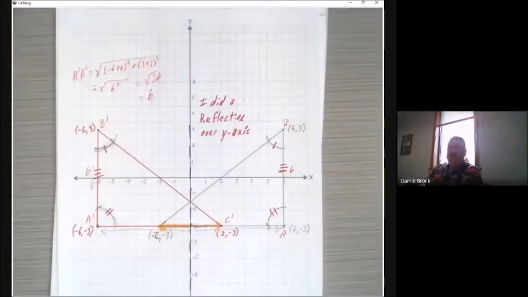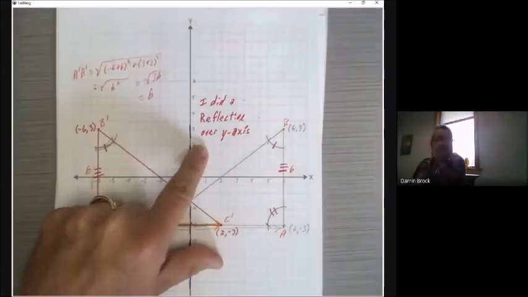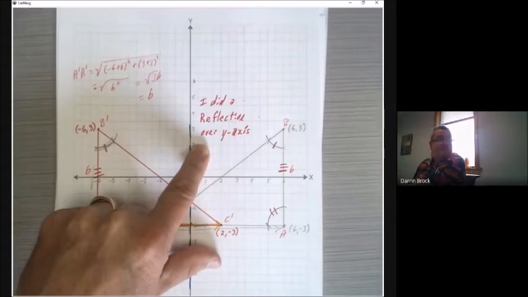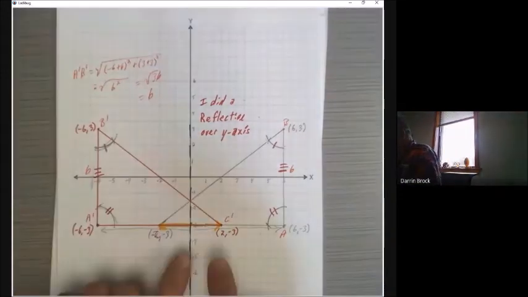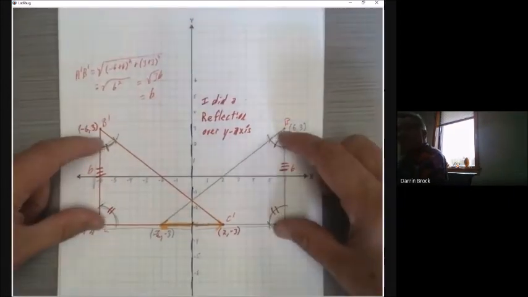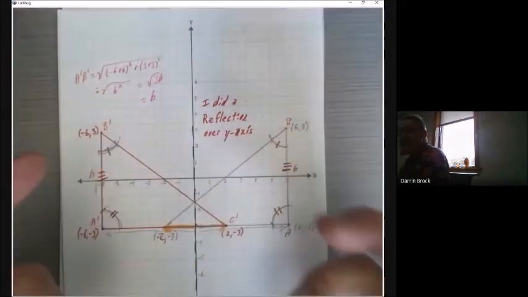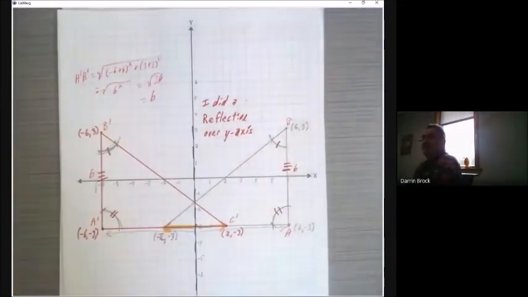What line of reflection did you choose for your transformation? I did a reflection over the y-axis. And how are you sure each point was reflected across the line? Then we can talk about the distance from the line of reflection, and that by angle, side, angle, they're the same triangle. Since they're the same distance from the line of reflection and the angles and sides are the same length, this is a rigid transformation.